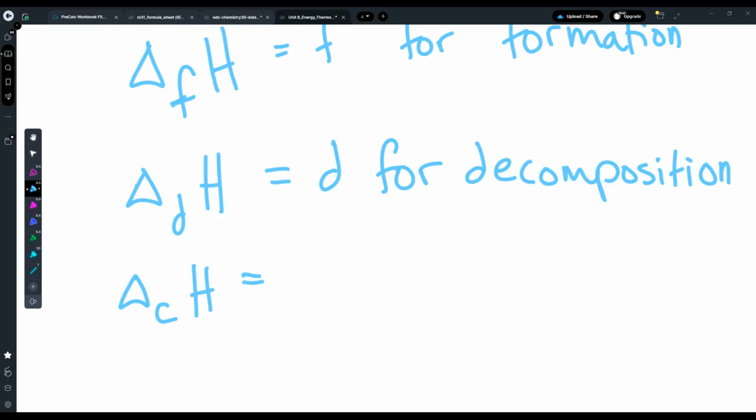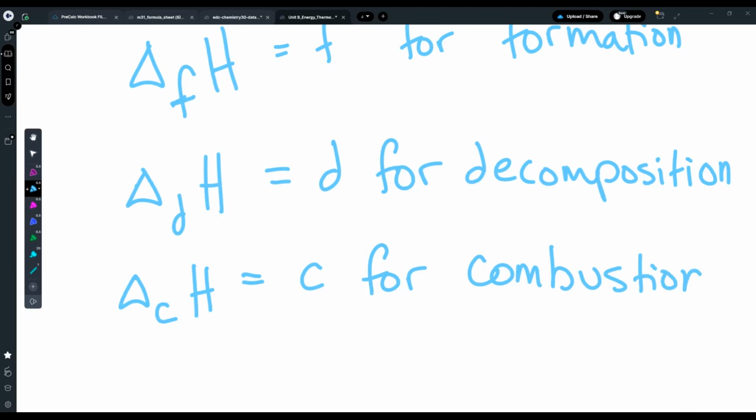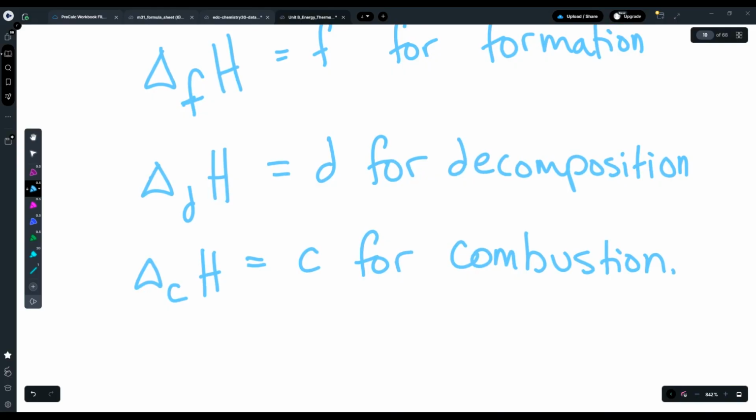So this is the molar enthalpy of combustion of some specific substance. The subscript letters are just specifying what type of reaction is happening.